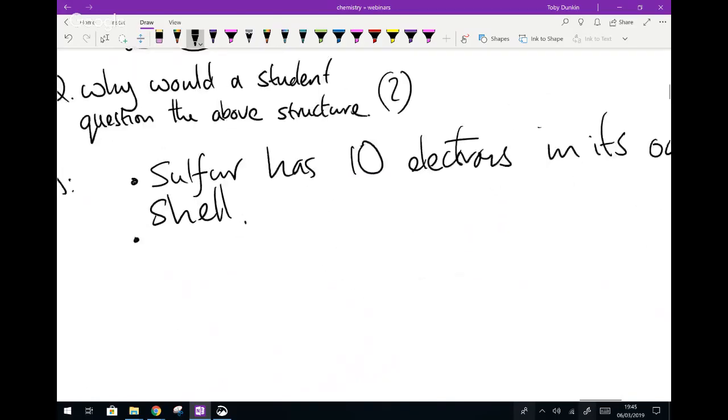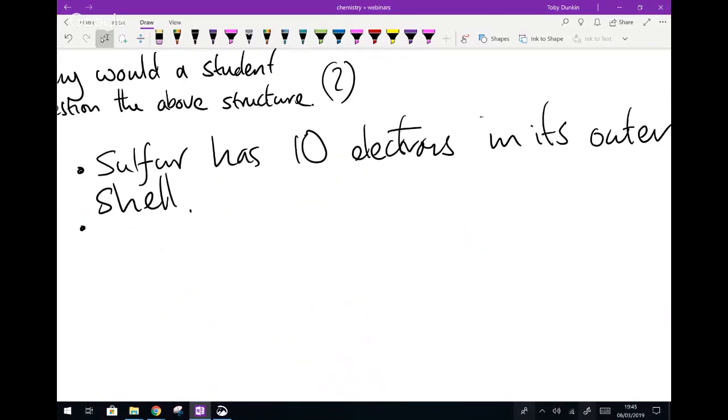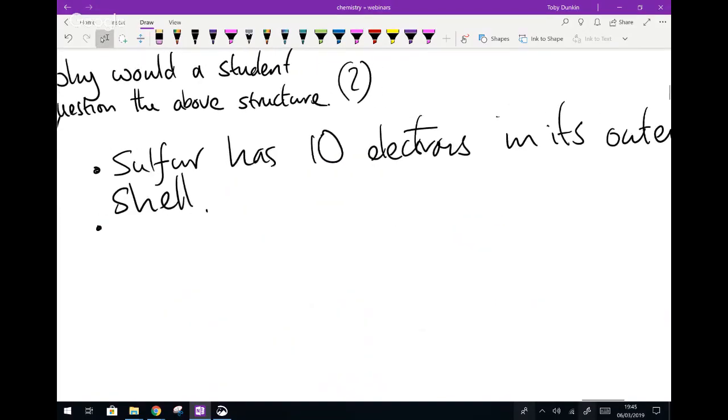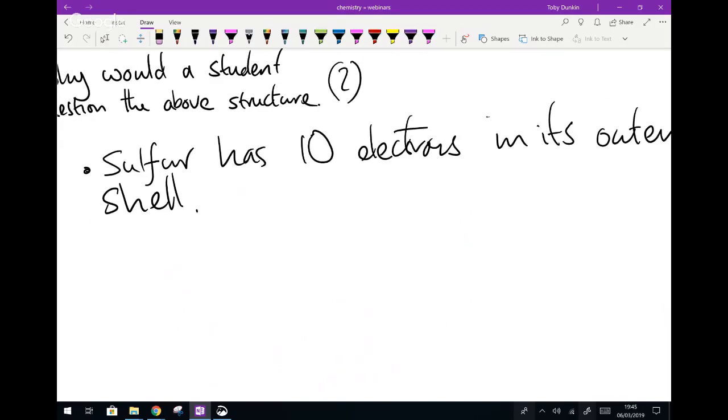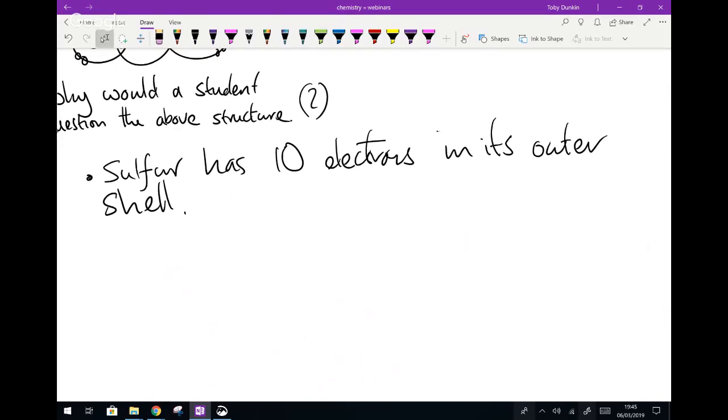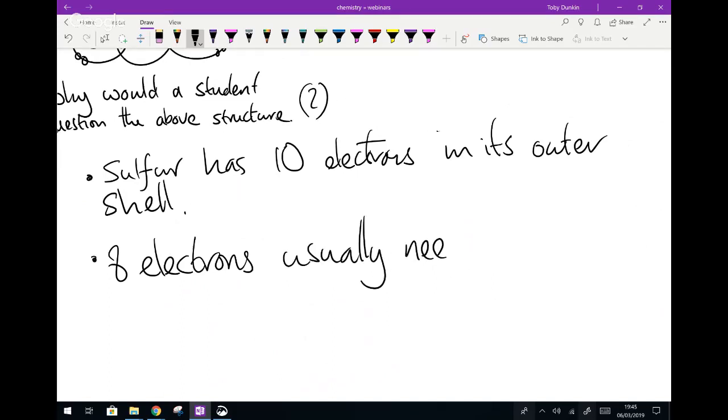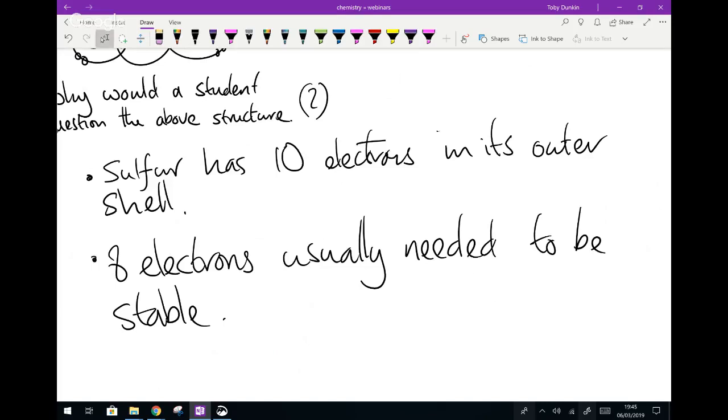But it definitely doesn't hold 10. So sulfur has too many electrons. So what's the second mark? 8 electrons are usually needed to be stable. Or you could have even said full.